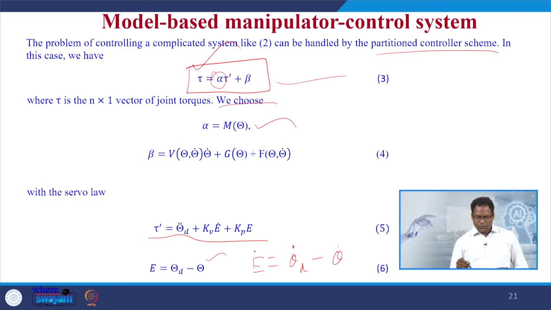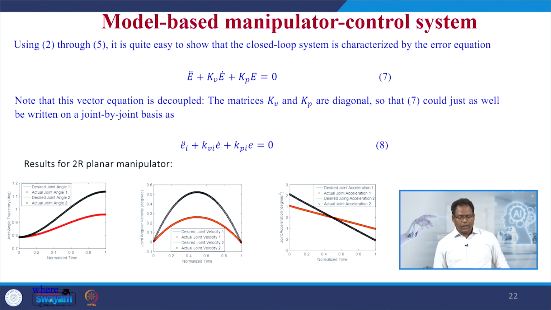So, now we know the value of alpha, we know what is tau dash and what is beta. So, substituting the control law back into the dynamic model, equation 2, we can have this second order error dynamic equation, which is given by e double dot plus kv into e dot plus kp into e equal to 0, which means that the error tends to 0 as time tends to infinity, and the matrices kv and kp are diagonal matrices.